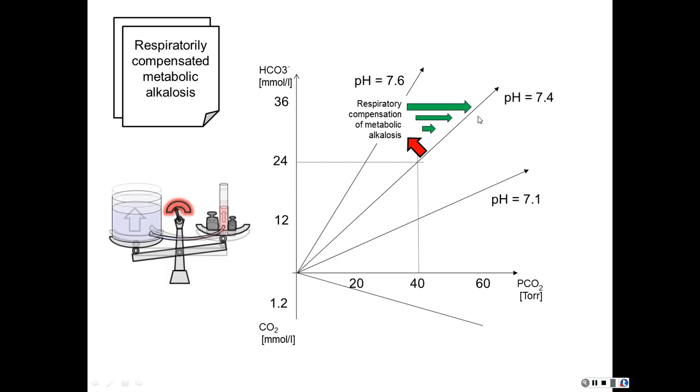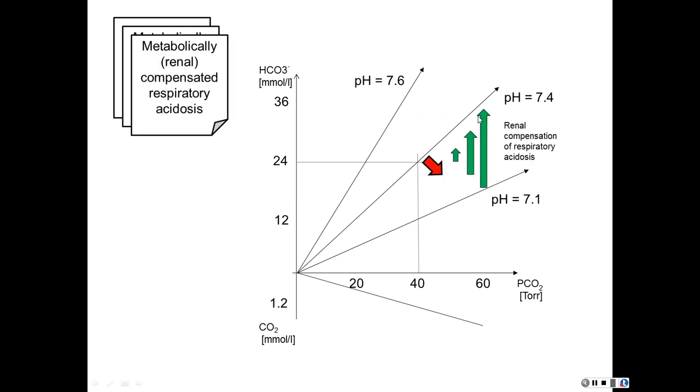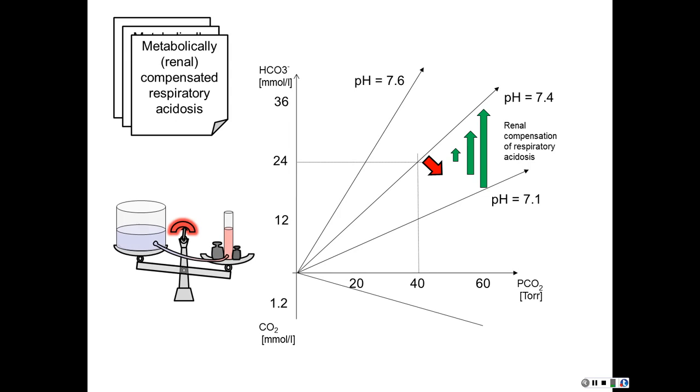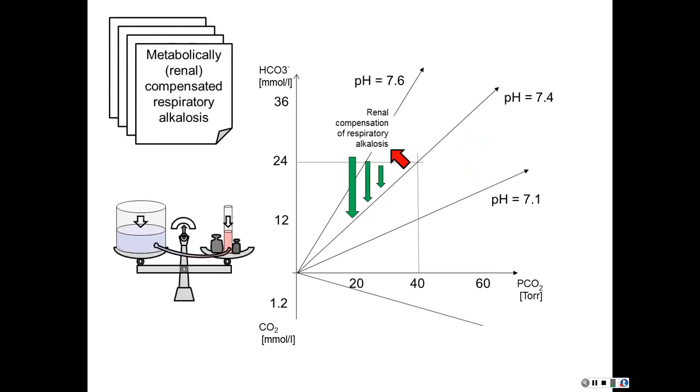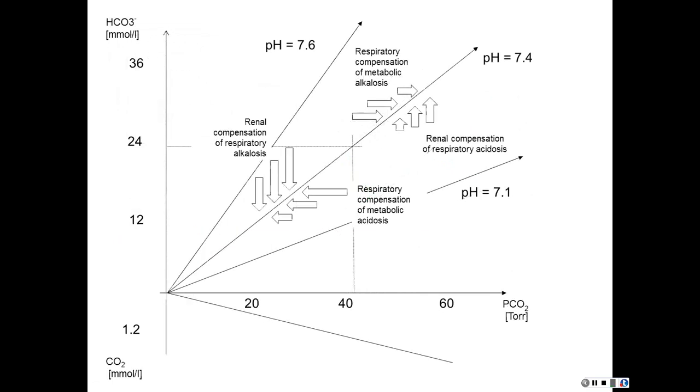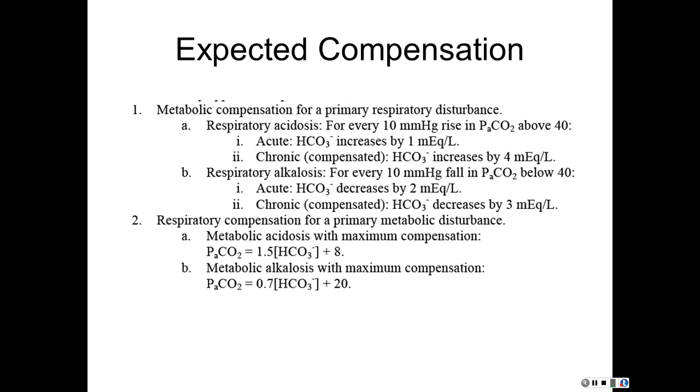And you can do this all the way around. If you start off with too much acidosis pushing you this way, then the body is going to retain bicarb to get you back to the line. So that's the physiologic, traditional way of looking at it.